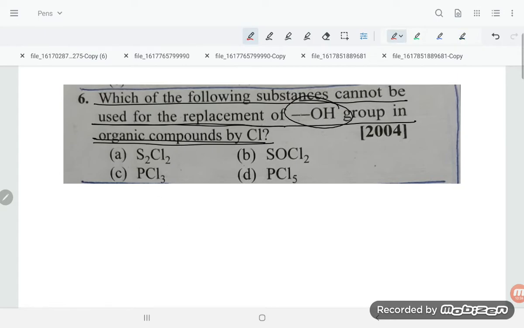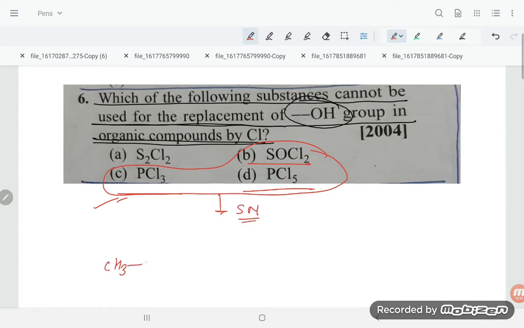SOCl2, PCl5, PCl3, these three, thionyl chloride, phosphorus pentachloride, PCl3, they replace it, SN reaction. They all go by SN reaction.